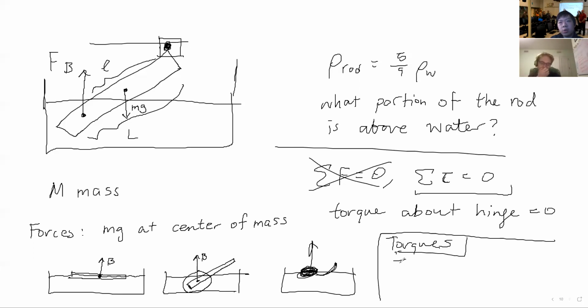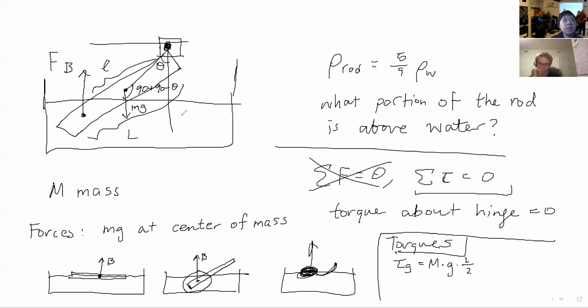Torques. So torque due to gravity is equal to big M times G times L/2. But then we have to consider the angle. Let's consider the angle from the vertical. If that's theta, then this angle is 90 plus 90 minus theta.